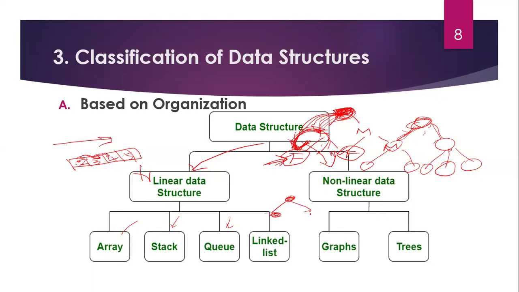In a binary tree, we cannot make a circle. In a graph, it's also like a tree, but we can make a circle. Think of something like this.